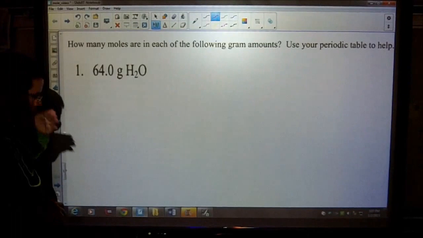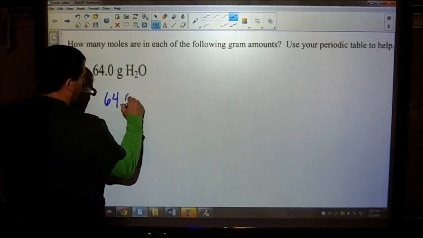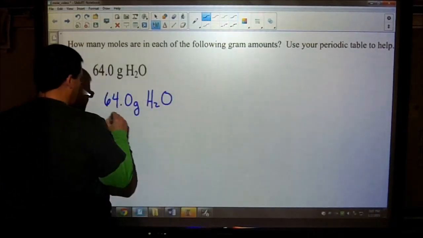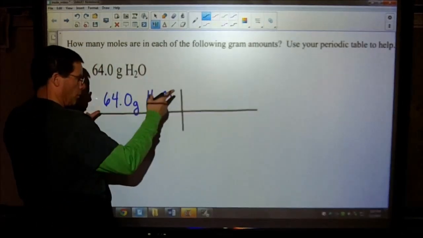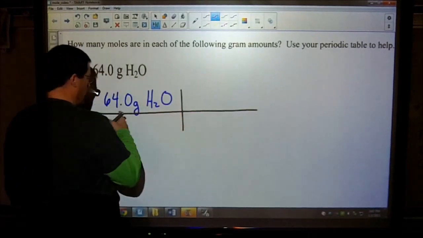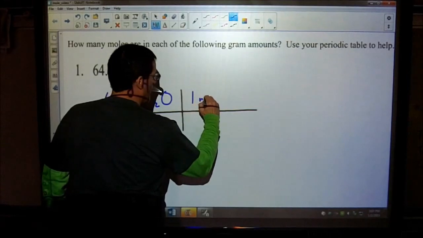So start off with what you know, factor labeling. We have 64.0 grams of water. And in this case, same thing, we're looking for moles, so moles will be on top, grams will be on the bottom, and we want to find out how many grams we have in 1 mole of water.